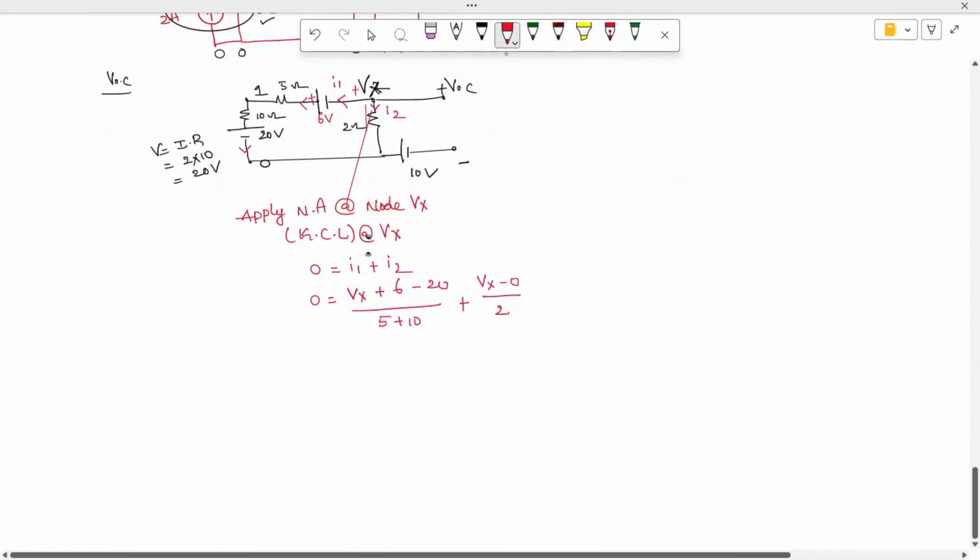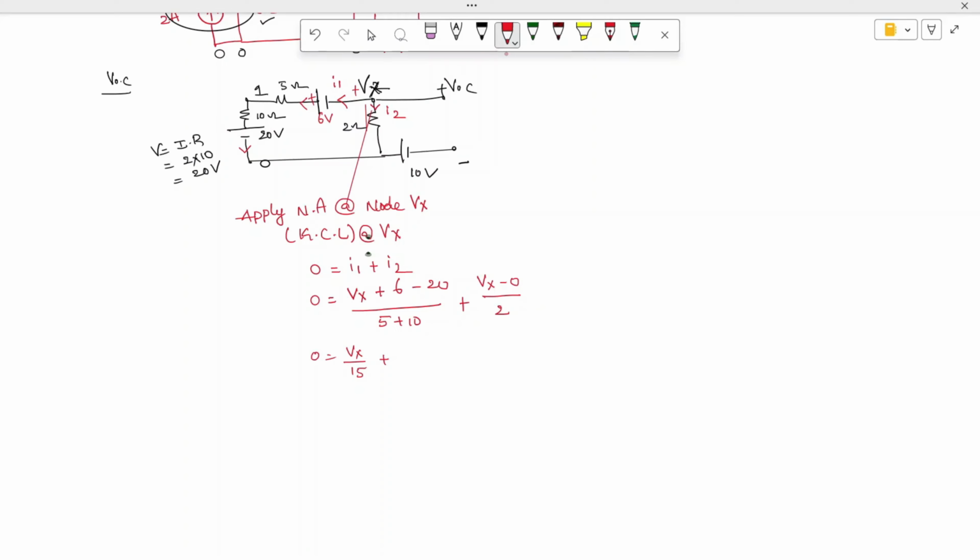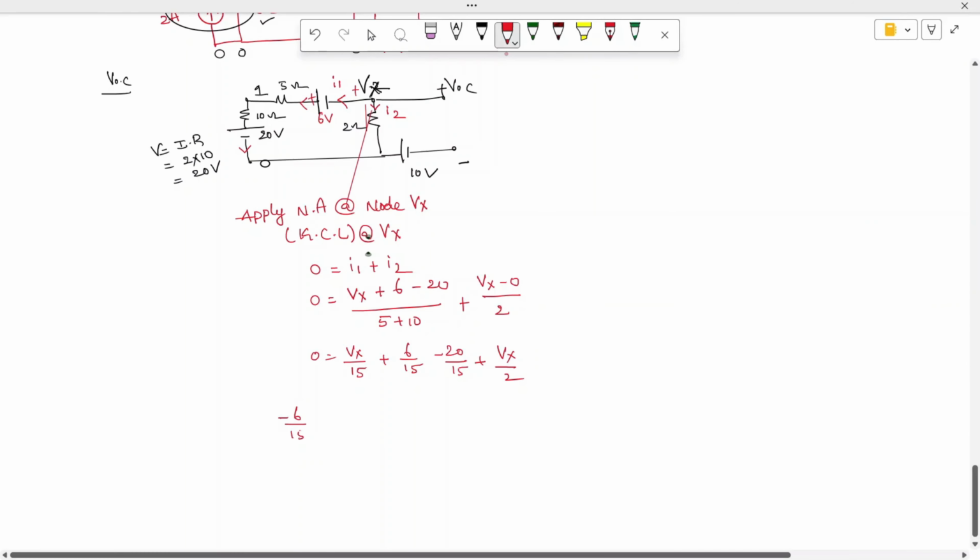So when you separate the terms, here we are going to get Vx by 15 plus 6 by 15 minus 20 by 15 plus Vx by 2. So send these terms to this side, then you are going to get minus 6 by 15 plus 20 by 15, that is equal to Vx.